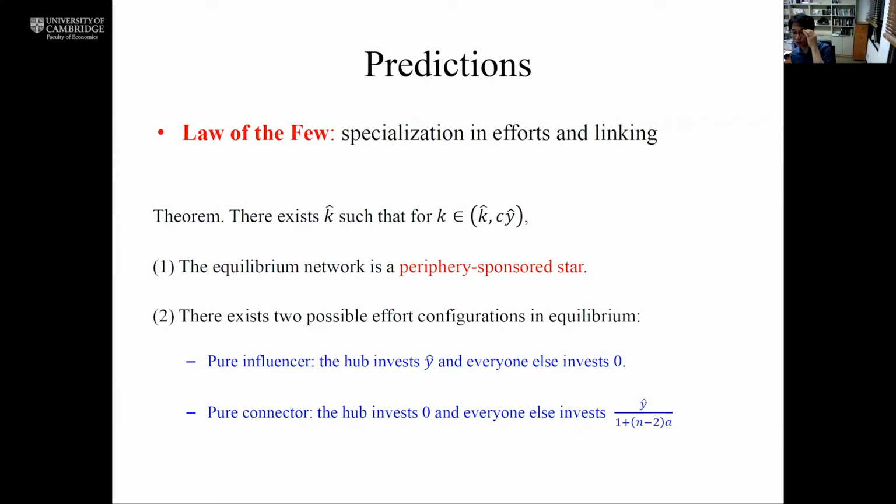In terms of network structure, the equilibrium network is a periphery-sponsored network. However, the effort configurations are of two different types, either pure influencer or pure connector. Pure influencer means that the hub makes all the effort, whereas pure connector means the hub makes zero effort.